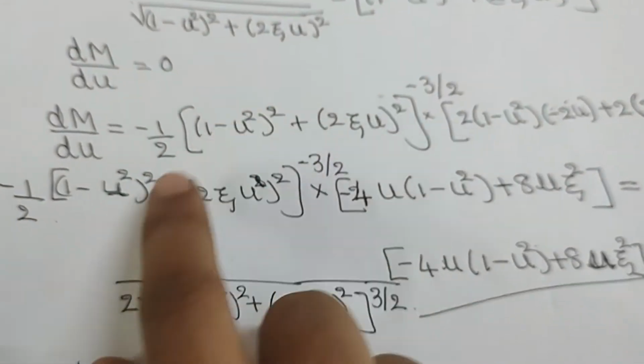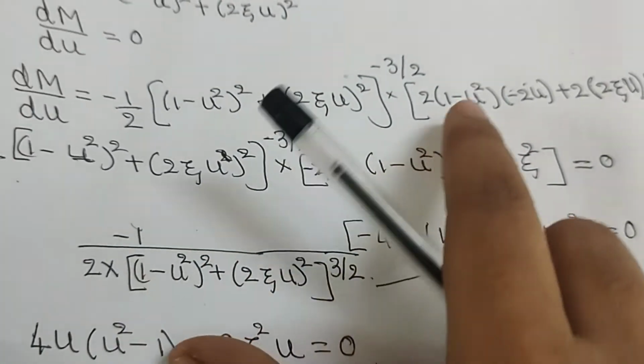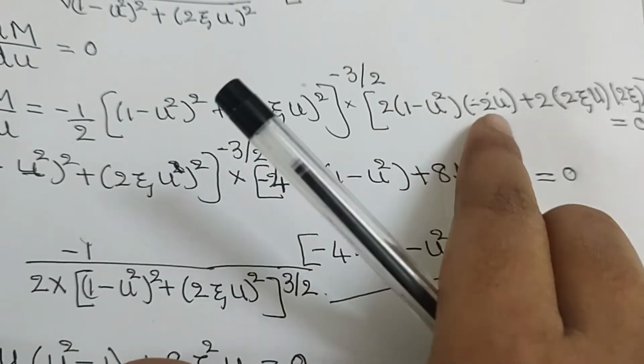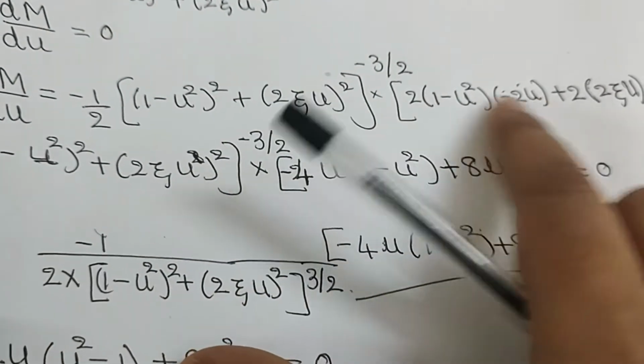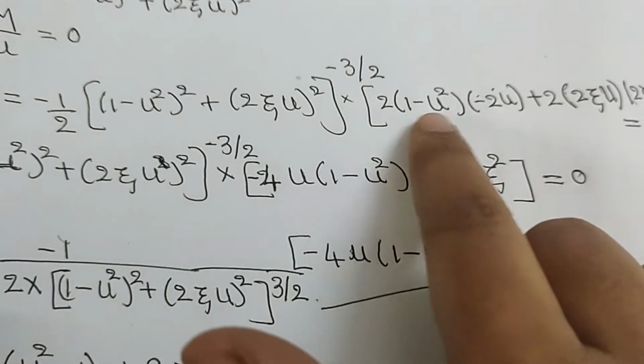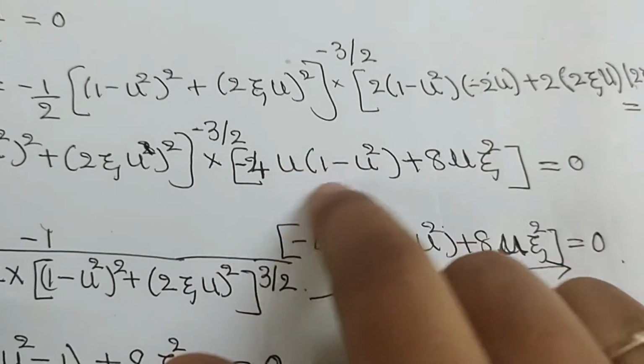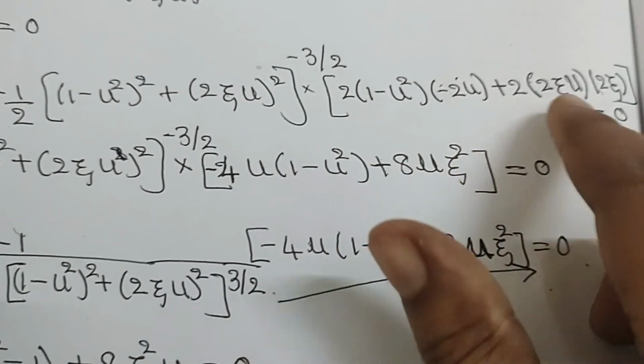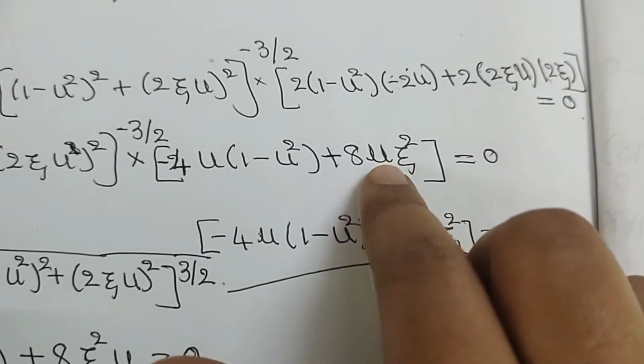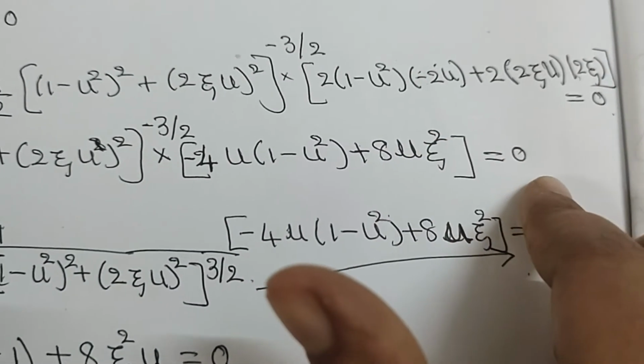Next, this equation I have written as it is and I have multiplied here. So minus 4u into (1 minus u square) plus 8u zeta square equals 0.